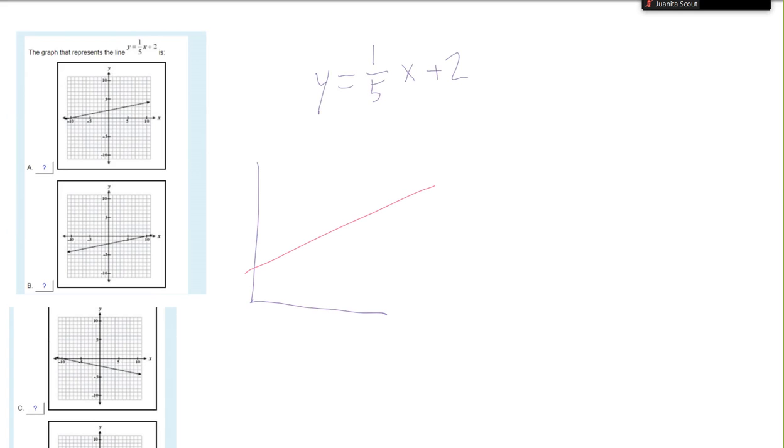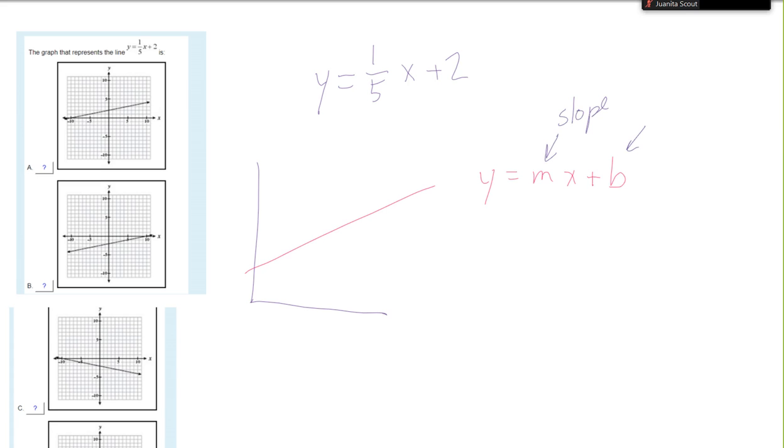And those can always be represented by the equation y is equal to mx plus b, where m is the slope of the line, so how steep it is. So the bigger that number, the more it's increasing every time you go over 1, and so it's going to be steeper.